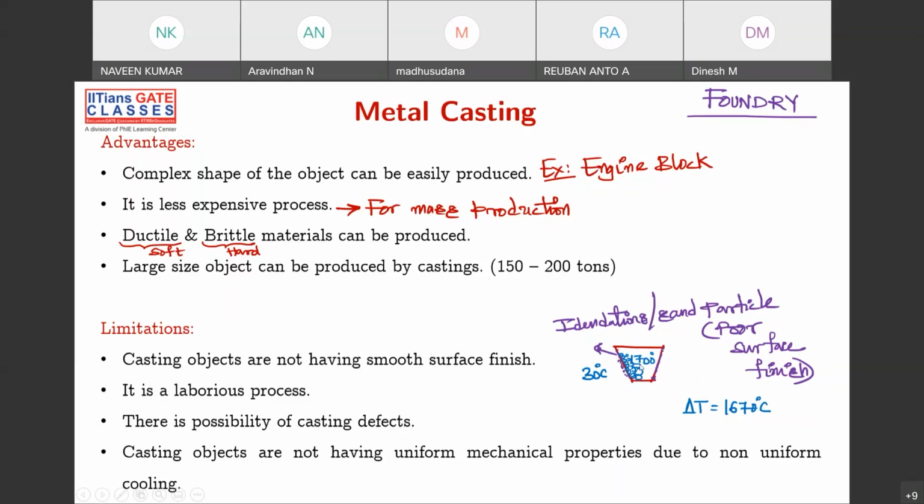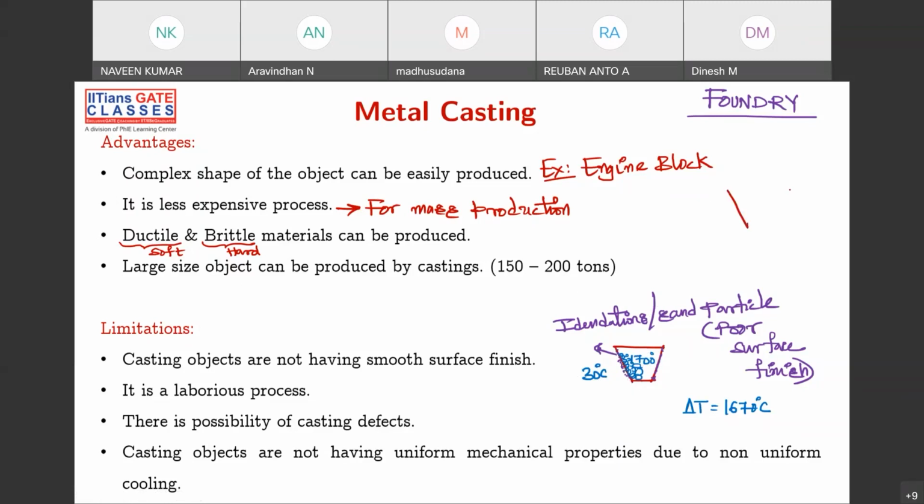This is how casting solidification happens. Let's say the ambient temperature is 30 degrees centigrade and the liquid metal that you are pouring is 1700 degrees centigrade. So the temperature difference is very high at the edges. Why? Because it's very obvious, right?